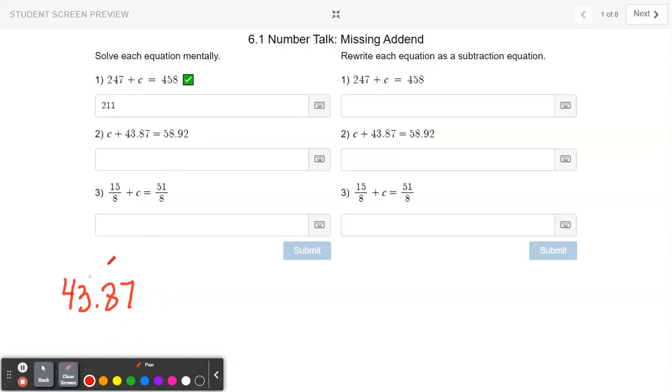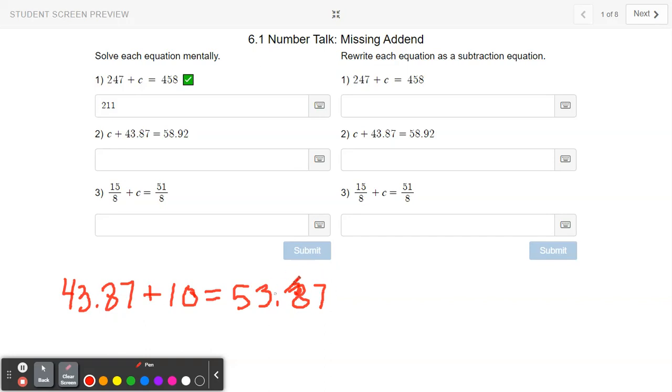So again, in this case, I know I'm going to add some whole numbers. Well, can I add 10? That's where I would start. If I add 10 onto this, so just 10 wholes, right, I know that that's going to give me 53 because it's just going to change that number in the tens place. So it's going to be 53 and 87 hundredths. Okay. I'm getting a little bit closer.